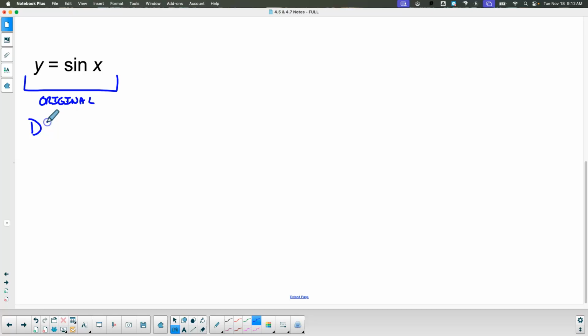What can you tell me about the domain of y equals sine of x? It is all real numbers. What can you tell me about the range of my original function? -1 to +1, inclusive.